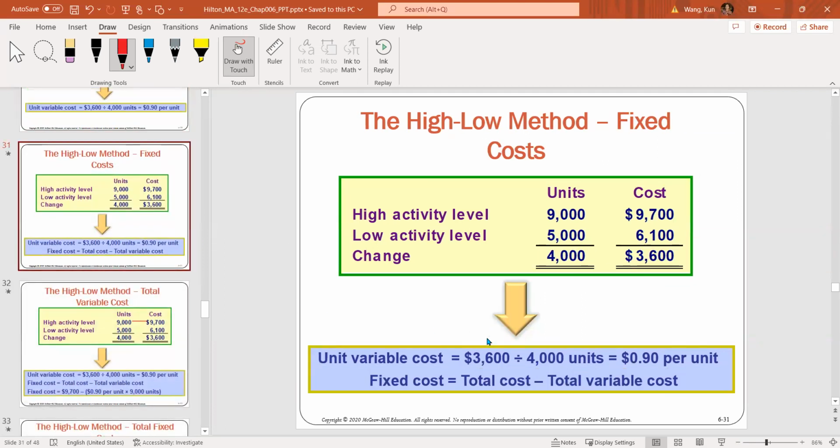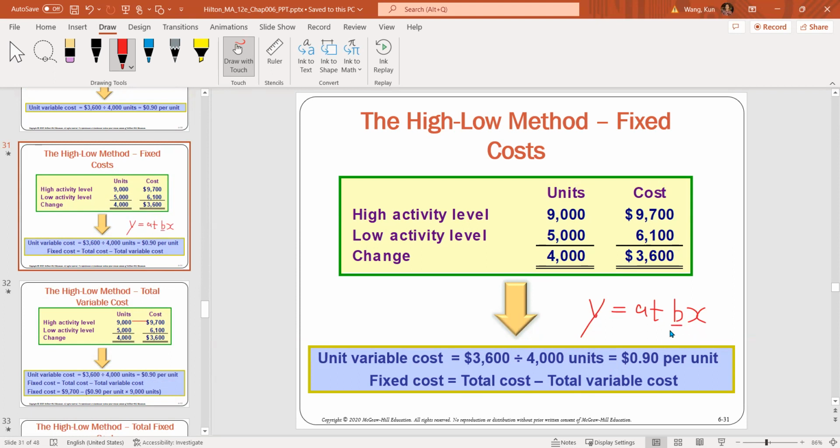Then you plug in the variable cost per unit at either the high or low level, because the fixed cost equals the total cost minus the total variable cost. So this is the formula we talked about. This is the total, fixed, and variable.